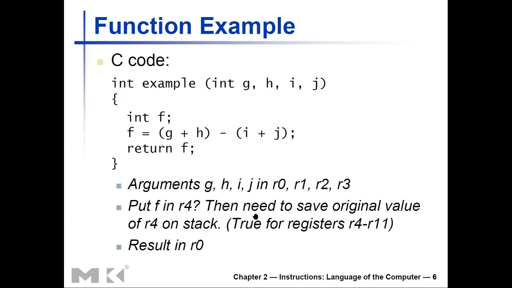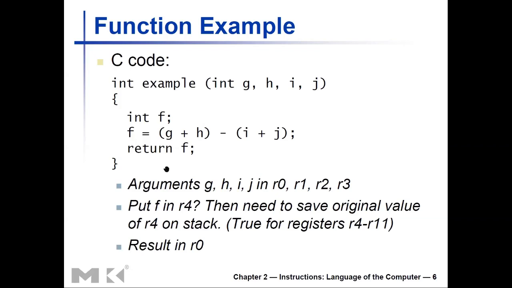So we need to save the original value of R4 on something called the stack. The stack is a place in memory that is used to store these kind of temporary values. It's a portion in memory used to store these temporary things.